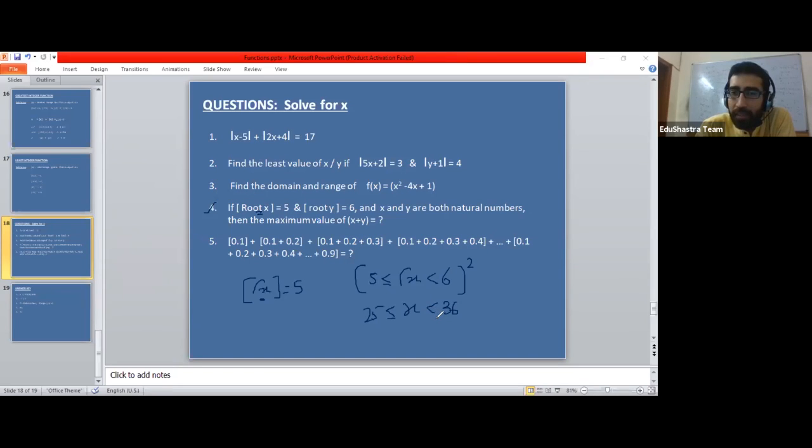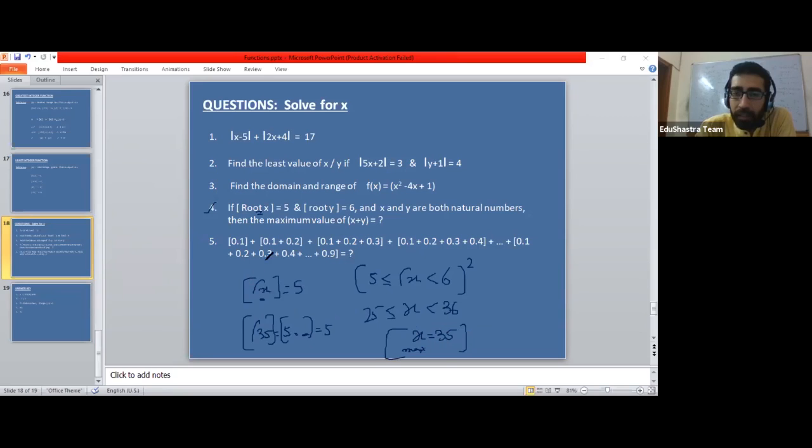So x has to be less than 36. What can be the maximum value of x? X can be at max 35. Because once you take under root of 35, you get 5 point something, and the greatest integer of 5 point something is surely 5. So x at maximum can be 35.